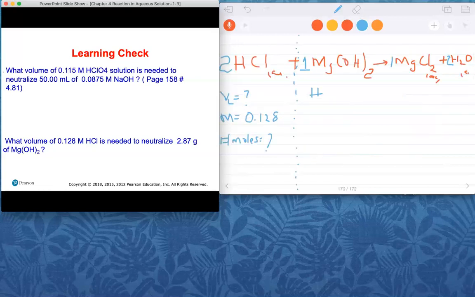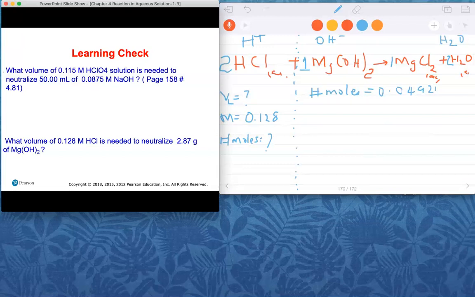So the number of moles here is 0.04921. Remember, in a neutralization reaction, hydrogen ion reacts with hydroxide ion to form H2O.